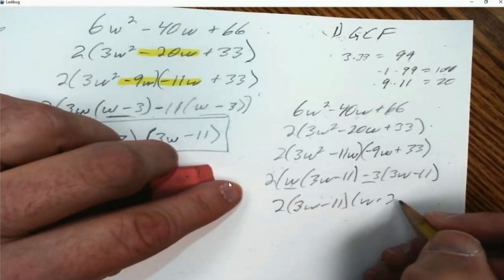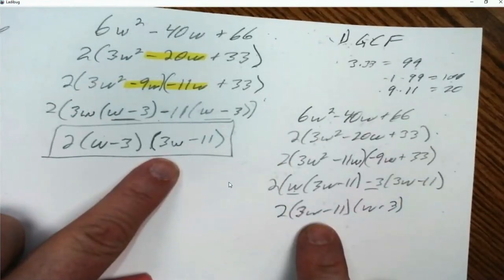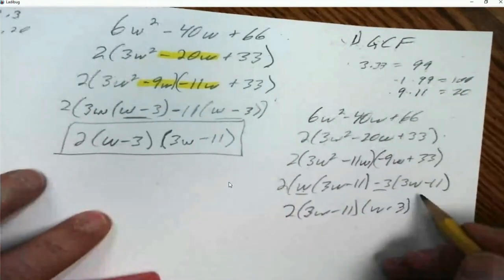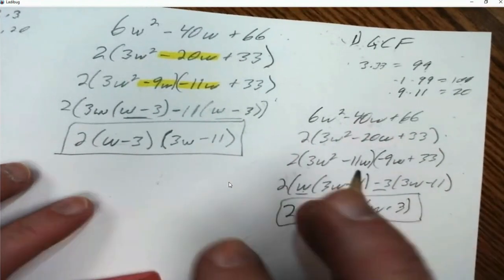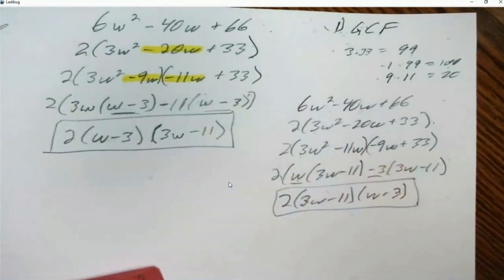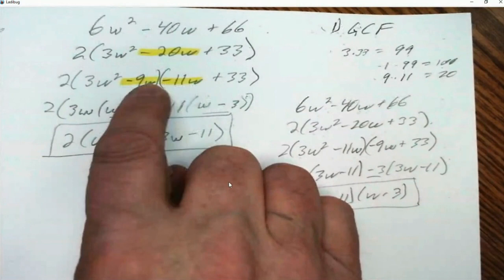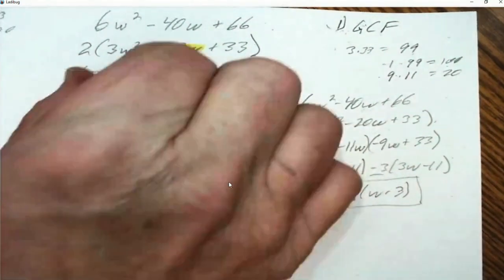I still get the same answer at the end, w minus 3 and 3w minus 11 times 2. But it just may be easier to group them the other way. Again, your choice. It'll work either way. But you're just trying to rewrite this to where you can group them and factor them.